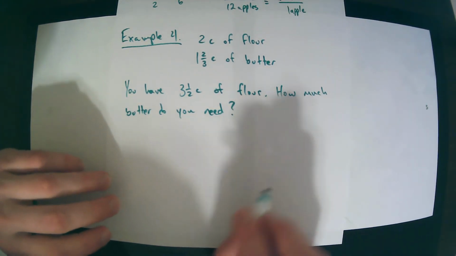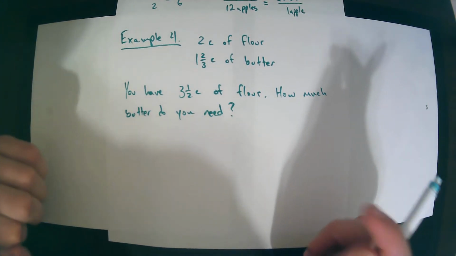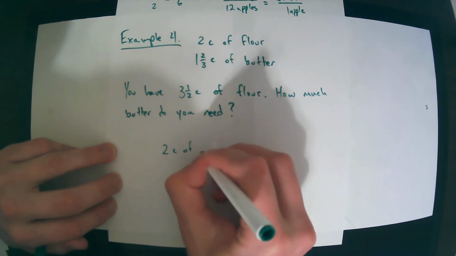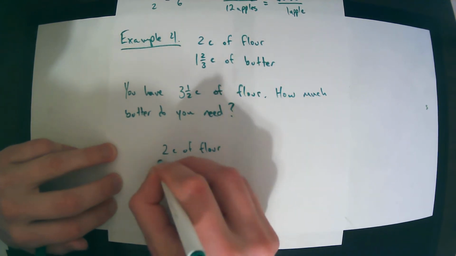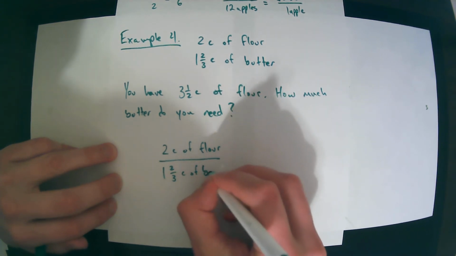Right? So what we've got here is a known ratio, or maybe I should say rate, a known rate of 2 cups of flour for every 1 2/3 cups of butter.